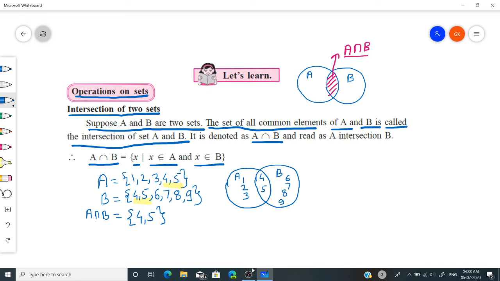In this way we can represent intersection of two sets in Venn diagram.